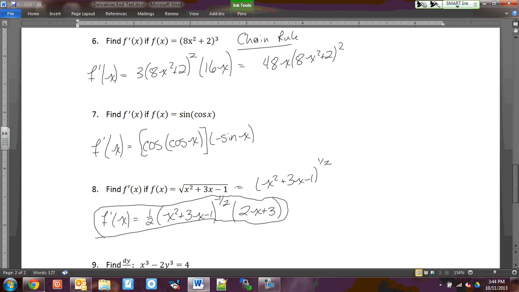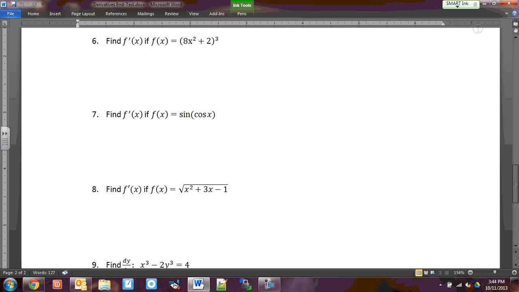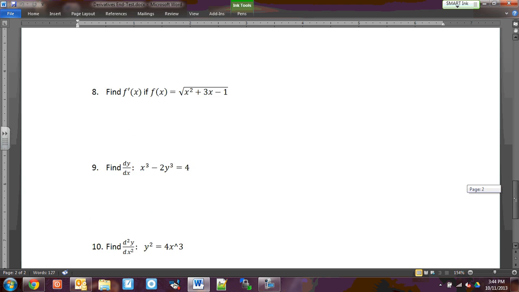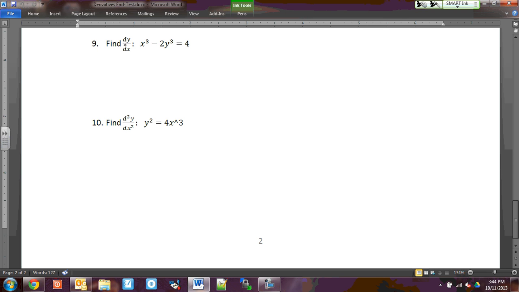All right, so there's those. Now let's go down to the last two. This is implicit differentiation. So we want to find the derivative of this.